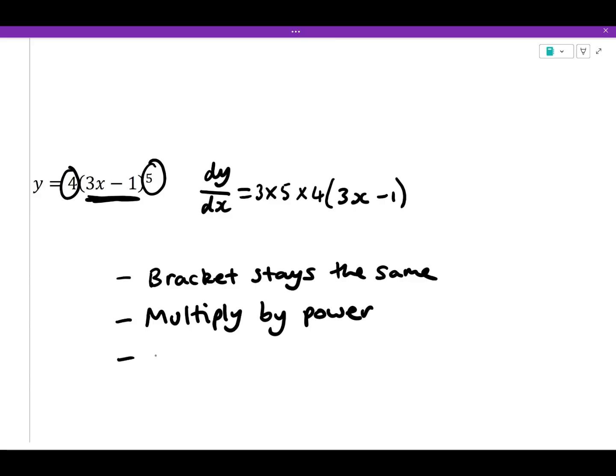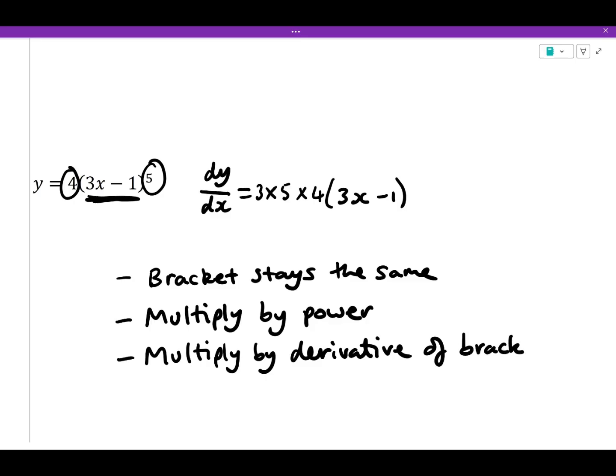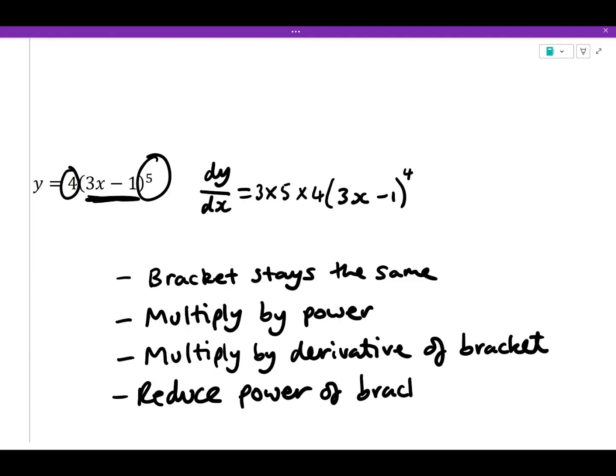So I'm going to say multiply by derivative of bracket. That is specifically referring to the function inside the bracket, which in this case was the 3x take 1. And then my final step is to reduce my power by 1. So we'd have power of 4. So I'm just going to write reduce power of bracket by 1.